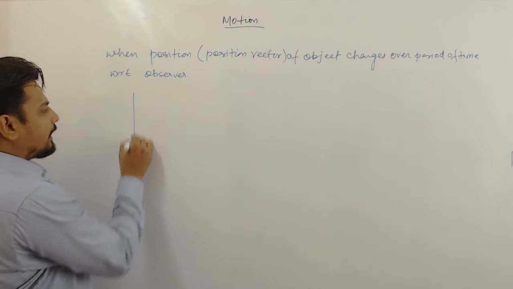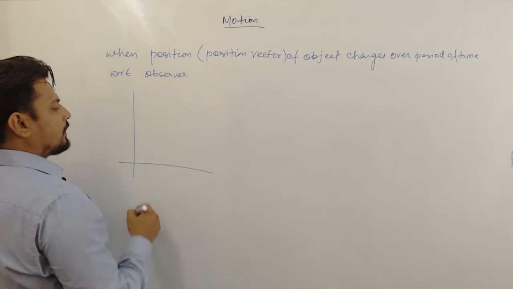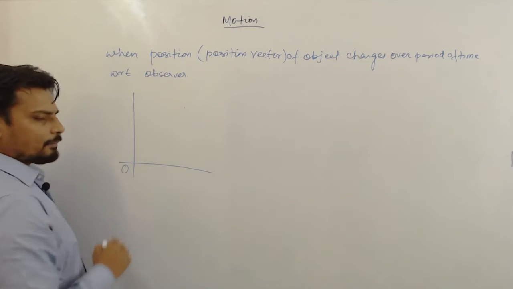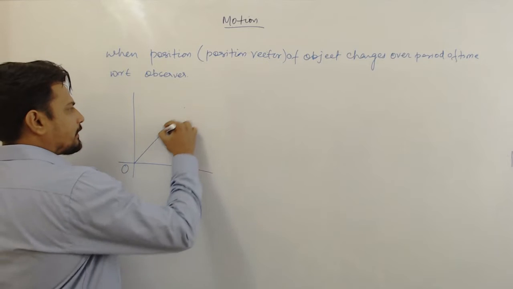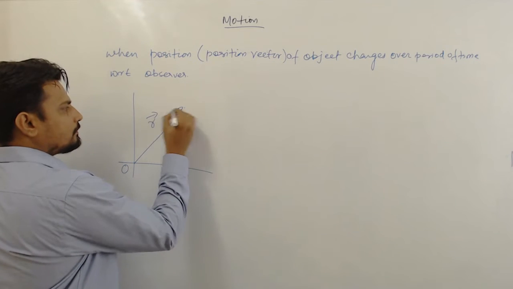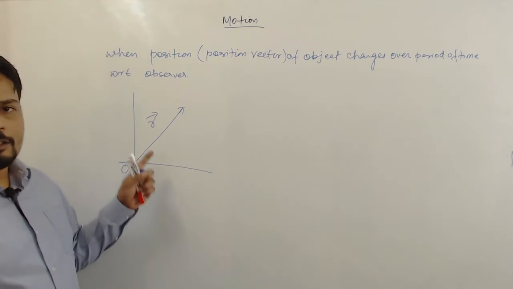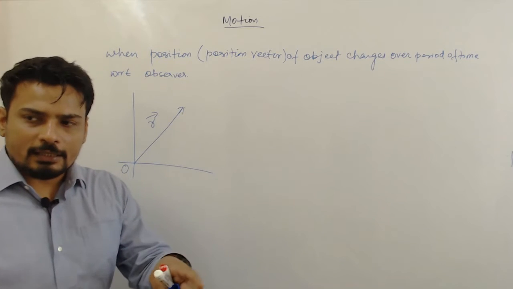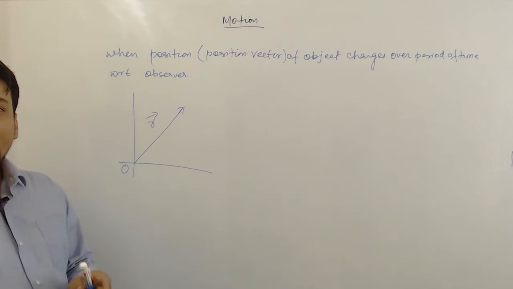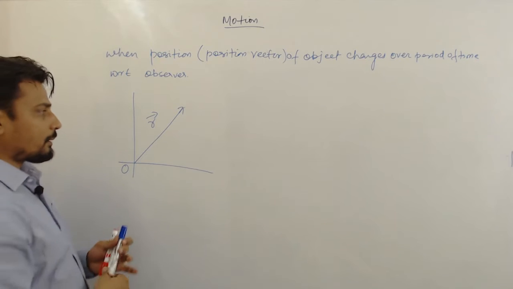So let's say I have an object over here and the observer is placed here. Its position vector is, let's suppose, r. If over a period of time the position vector is changing, the body will be said to be in motion, my bad.